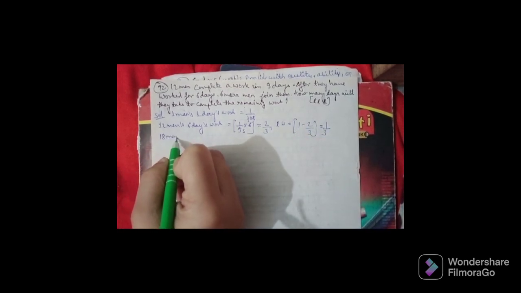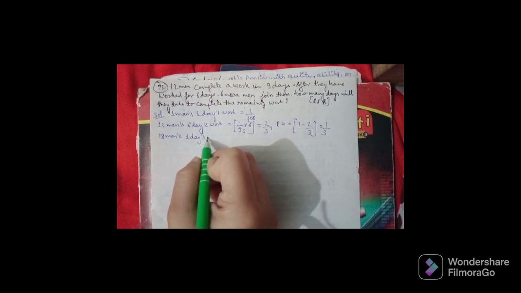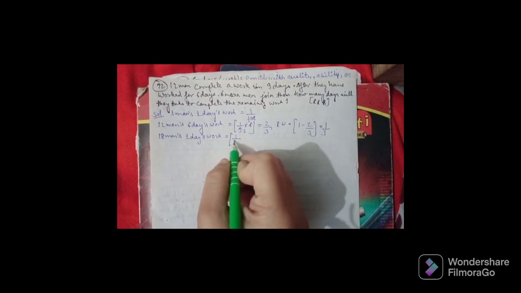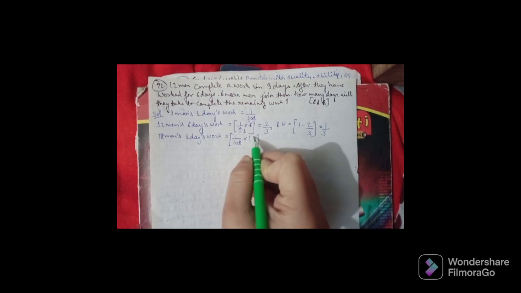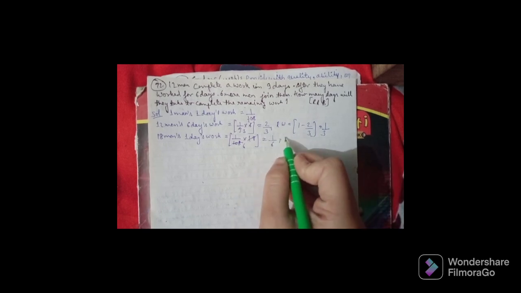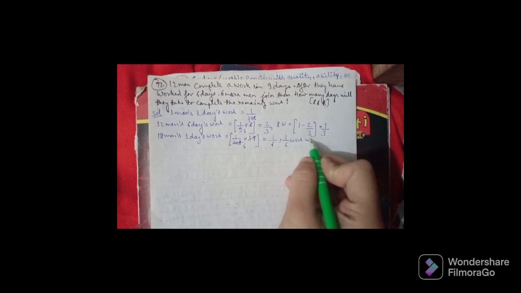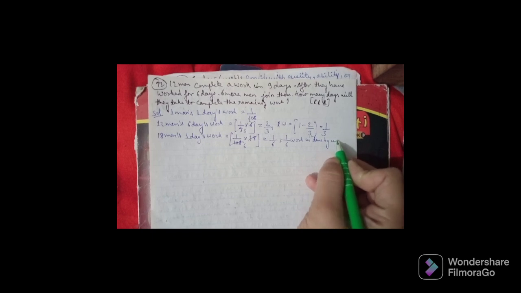18 men's 1 day's work equals 1 upon 108 into 18, it is 1 upon 6. So 1 upon 6 work is done by them in 1 day.